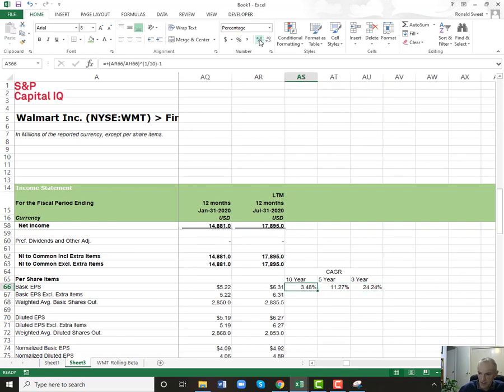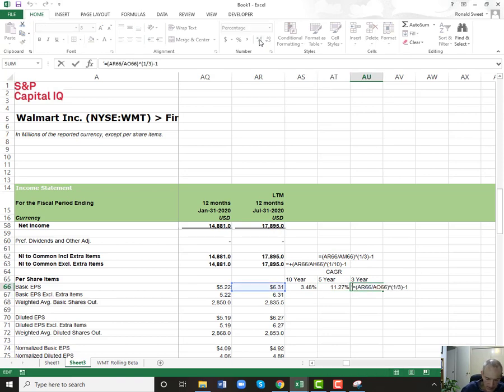So yeah, you just take the current year, divide it by, if you're doing 5 years, go back 6 years. If you're doing 3 years, go back 4 years, because you have to have that starting year to get your growth rate off of.